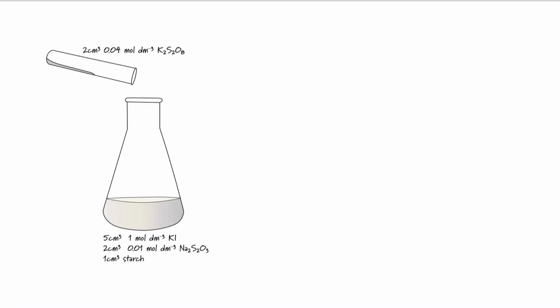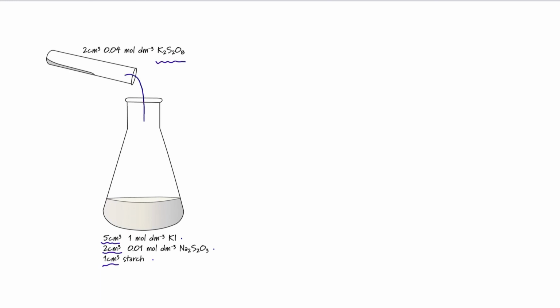In practice, the reaction is very, very straightforward to run. We would place our peroxydisulfate ions into a test tube. We would place our iodide, our thiosulfate and our starch into a conical flask. We could measure out these volumes, say using a burette, to make life nice and simple for ourselves.